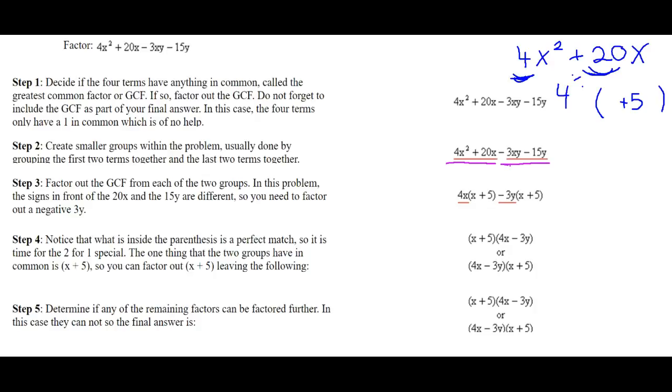Who has the least power? X. So that becomes your greatest common factor. Now, let's divide x squared divided by x. Just one x is left. Again, we had 2. 1 is out, so 1 is left. Here, we have no x's left because we already factored this one out. So, you will get the 4x times the x plus 5 inside the parenthesis.